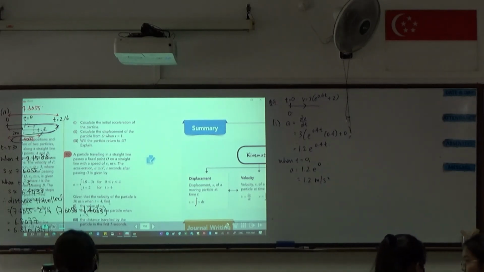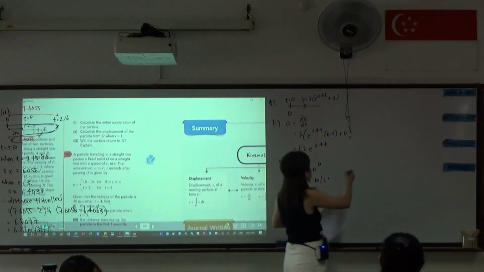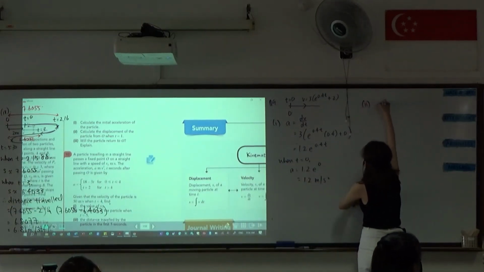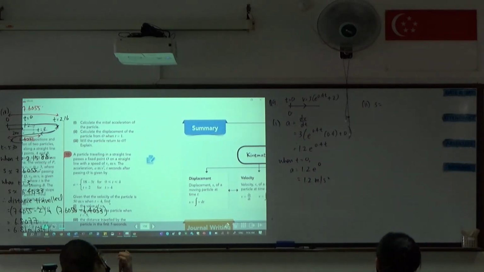In part 2, we want to calculate the displacement of the particle from O when t equals 1. So we need to find the displacement expression.